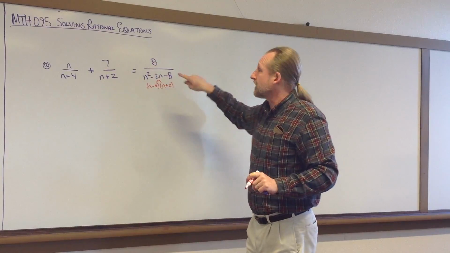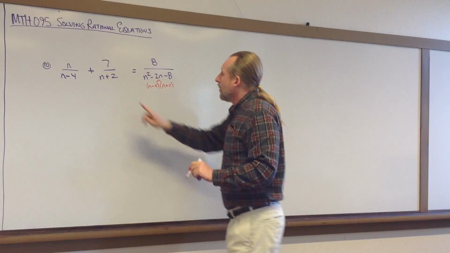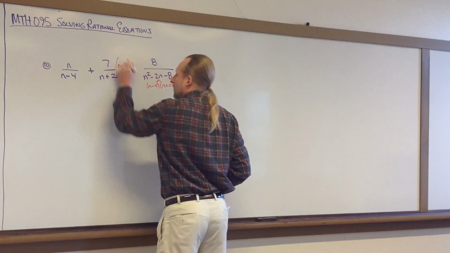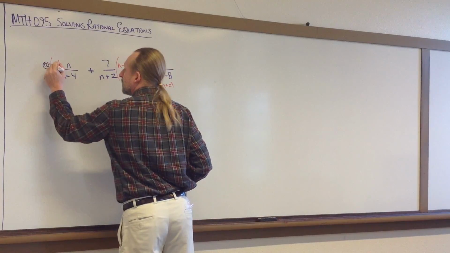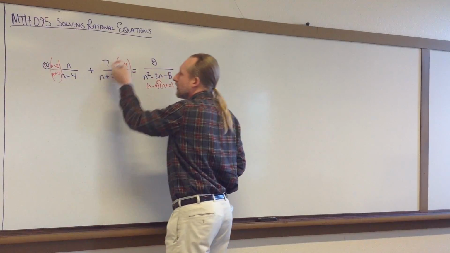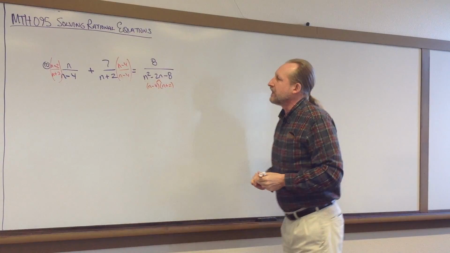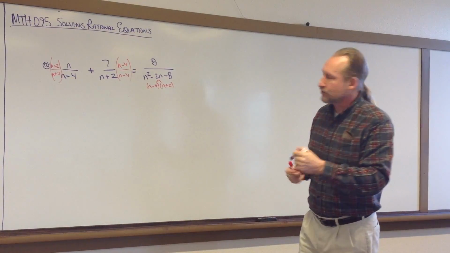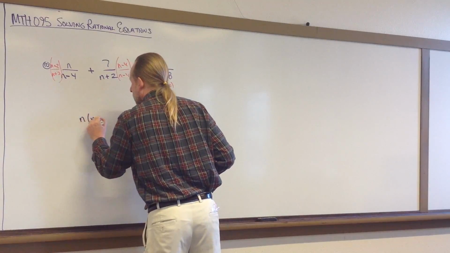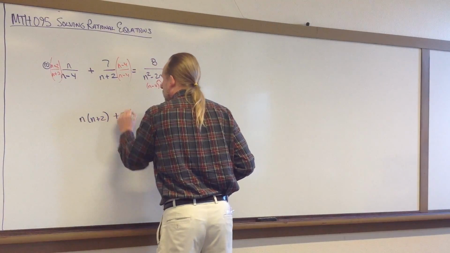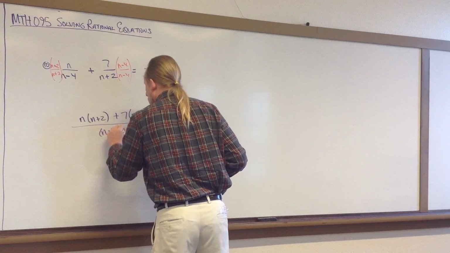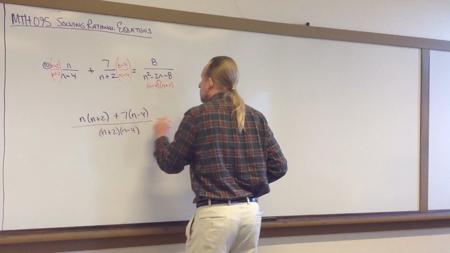All right, so like I said, this is going to be our common denominator. This fraction is going to stay the same. We're going to leave it alone. Over here, we're going to create this common denominator for these two fractions. This one gets multiplied by n plus 2 over n plus 2. This one gets multiplied by n minus 4 over n minus 4. So, this will be n times n plus 2 plus 7 times n minus 4 over our common denominator.